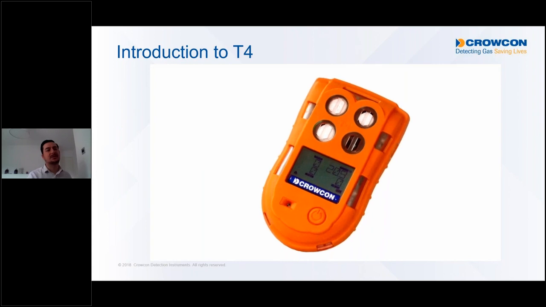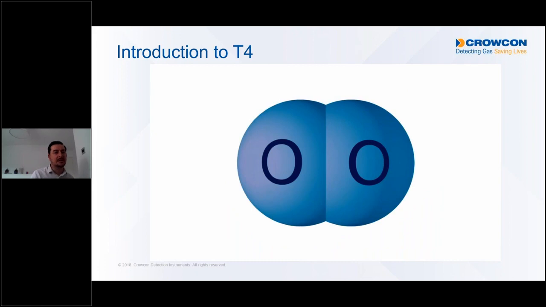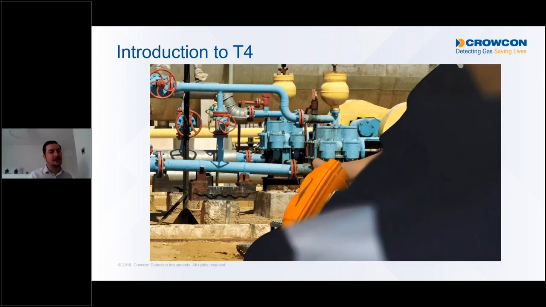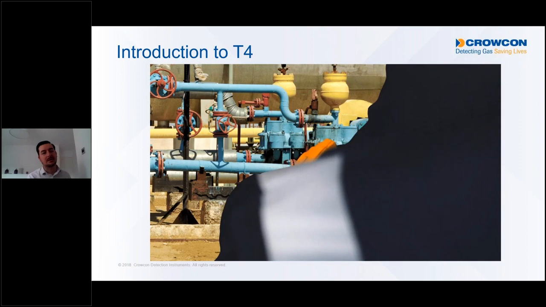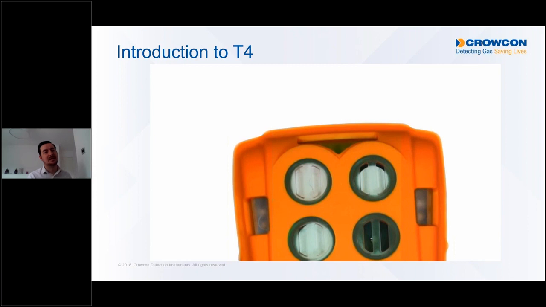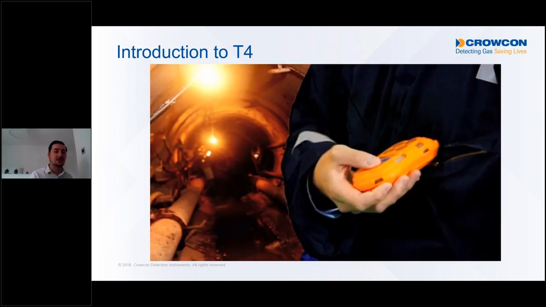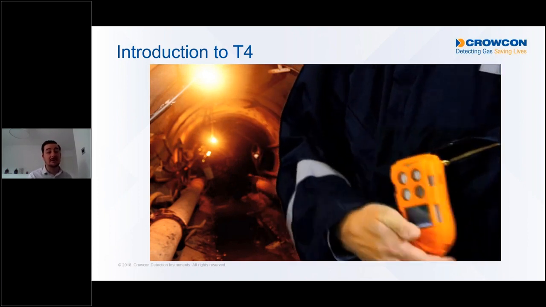T4 is our personal protection solution for alerting against the 4 most prevalent gas hazards: oxygen depletion, carbon monoxide, hydrogen sulfide, and flammable gases. As well as the one-button operation and easy-to-use menus standard to all of our products, you'll find T4 is rich in beneficial features. Positive safety. Crowcon's visual traffic light indication gives a constant reassurance that T4 is compliant and operating soundly. TWA resume function, unique to T4, ensures the correct assessment of exposure to toxic gas over your entire shift.